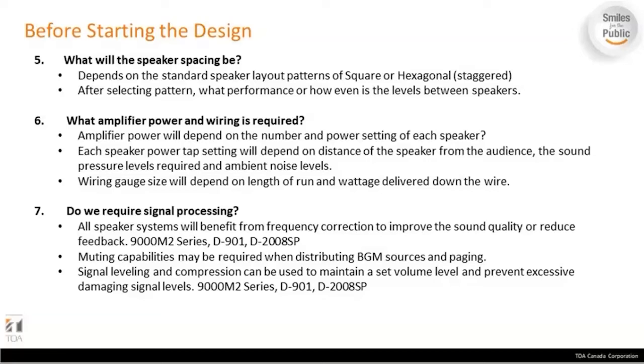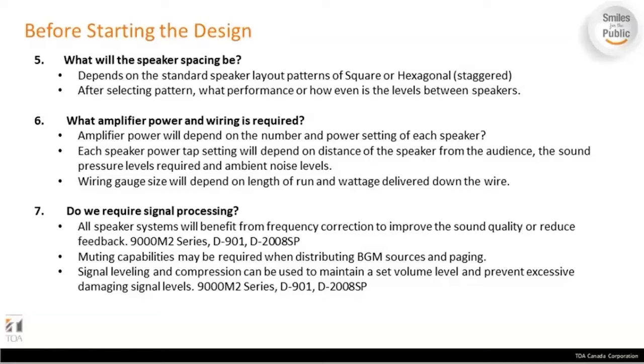Most of you must be aware that we have our 9000 M2 series, which have frequency correction and a lot of EQing functions, compressions, and all of those, which enable the installer to fine-tune the system. If you fine-tune the system really well, the output is going to sound that good, right? Which ultimately helps you achieve the goal of giving the client what he needs.